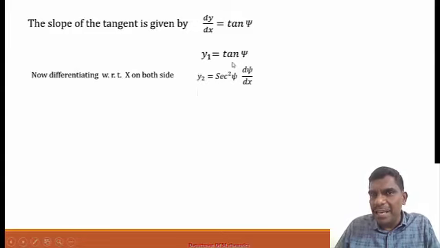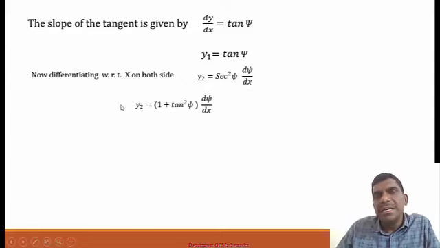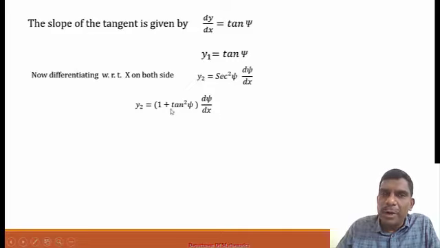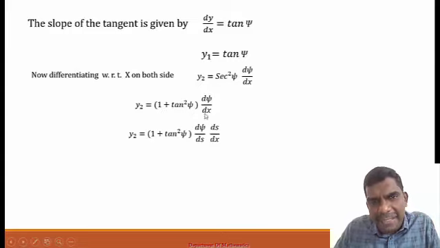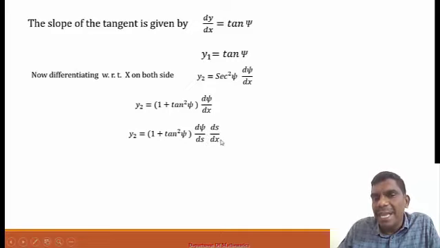On the right side, differentiating tan psi with respect to x gives secant square psi into d psi by dx. This expression can be simplified as y2 is equal to 1 plus tan square psi into d psi by dx, because secant square psi can be written as 1 plus tan square psi. And this d psi by dx can also be written, by using the chain rule, as d psi by ds into ds by dx.